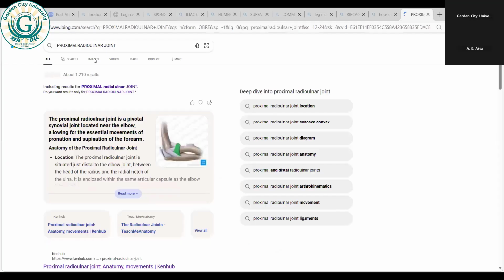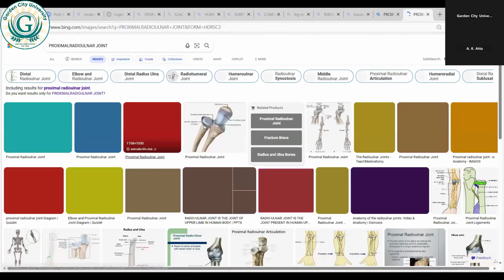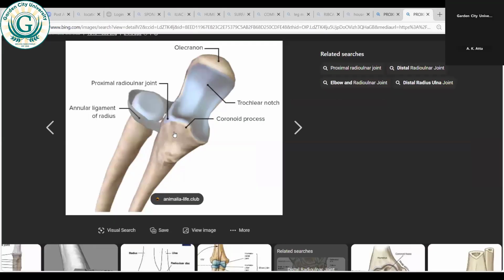So you can see it here. This is nice. You see here, this is the radius and this is the ulna. So radioulnar joints. You see the head of the radius is articulating with the ulnar notch of the radius.